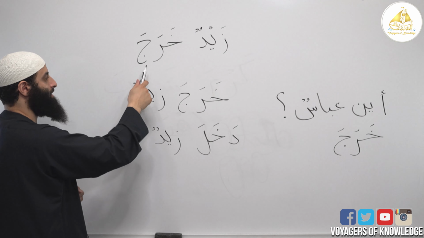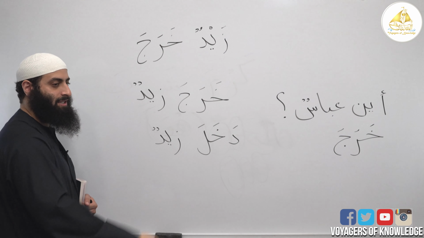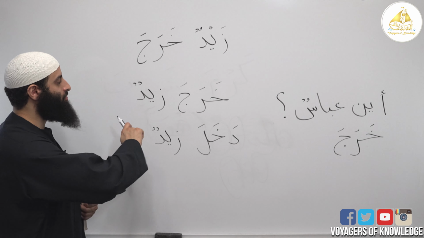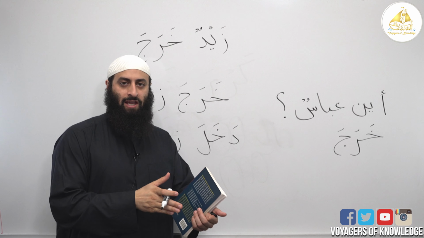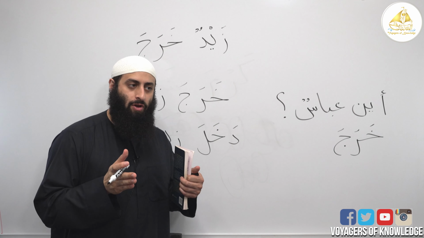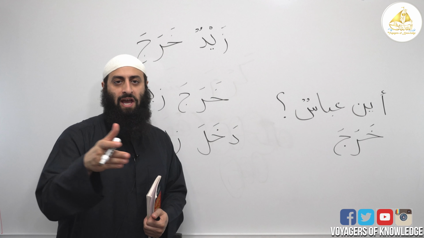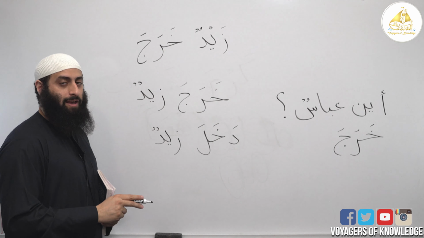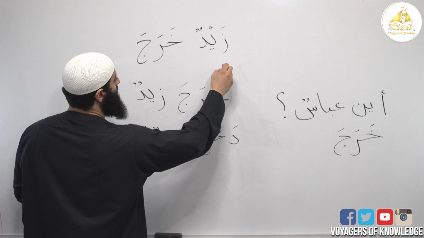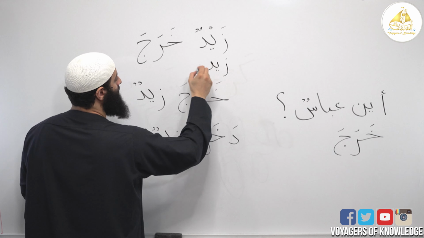This sentence means the exact same thing as that sentence. And you can use them any way. In English, you can't do that. You can't say Zayd went out and then try to change it and say went out Zayd. It doesn't work like that in English. But in Arabic, you can say that.